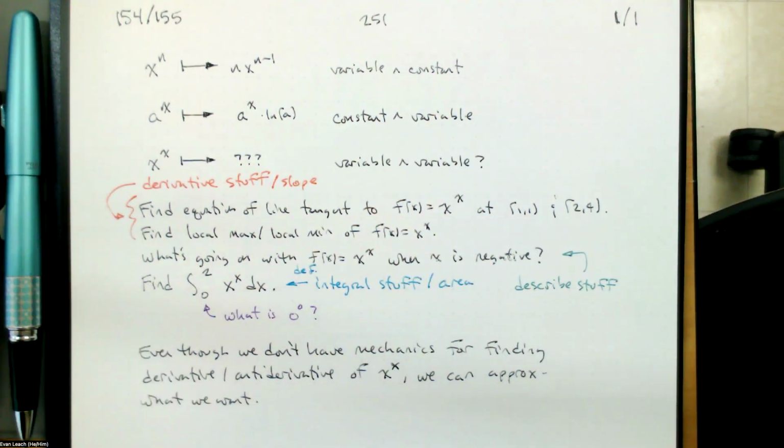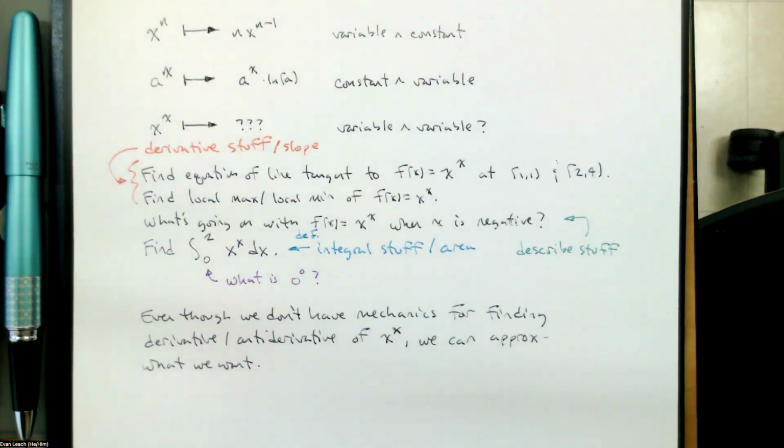We can approximate what we want by remembering what the derivative is supposed to tell us. We can approximate stuff by remembering what the integral is supposed to tell us.